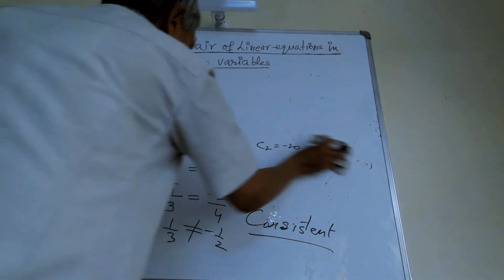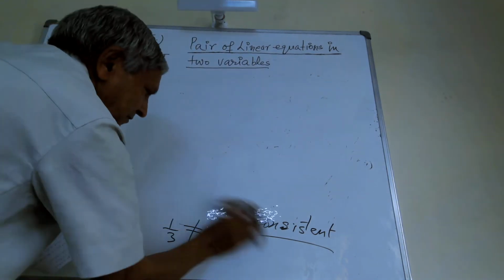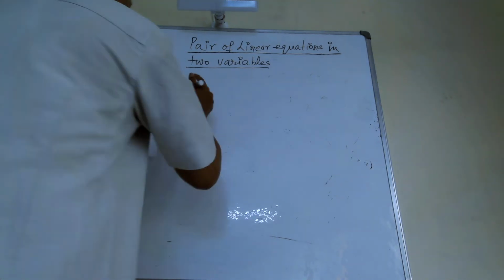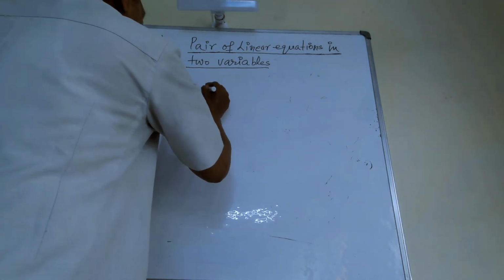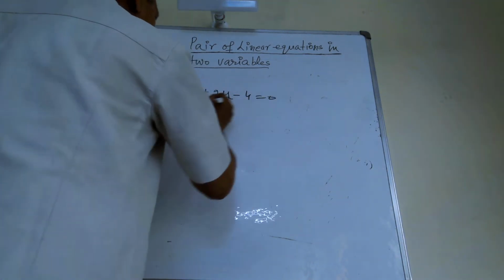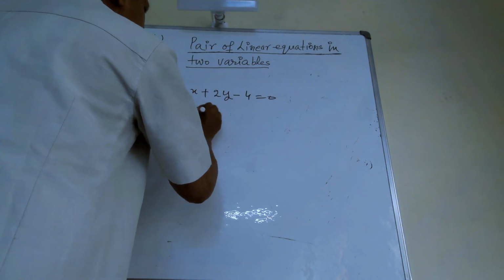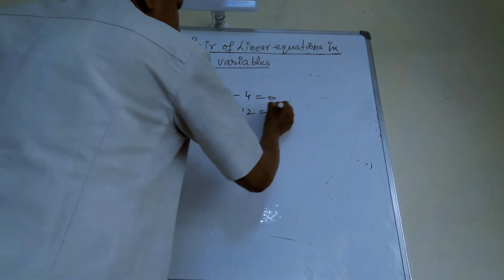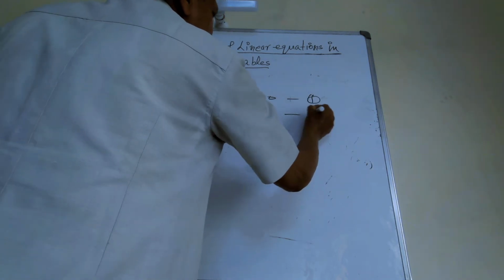Now the second example. x plus 2y minus 4 is equal to 0 and 2x plus 4y minus 12 is equal to 0. This is the first equation and this is the second equation.